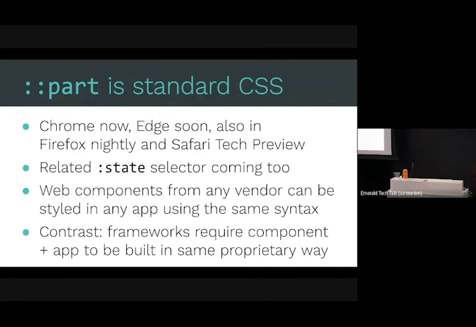And maybe that state is custom to that component. Like you have a part that can open and close, and you want to target the open state differently. You want to style it differently than the closed state. So we pushed back and got added the ability to have custom pseudo classes like :hover or :focus. You can also have custom versions of that with a new CSS selector called :state.